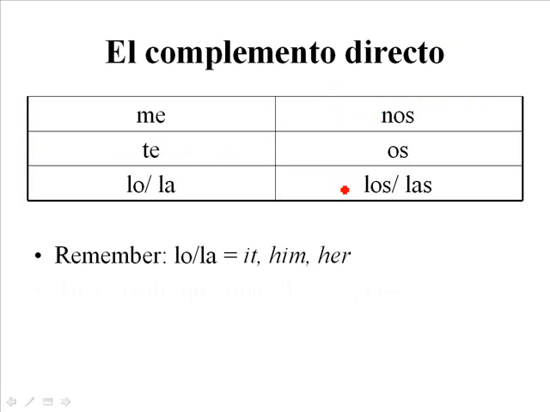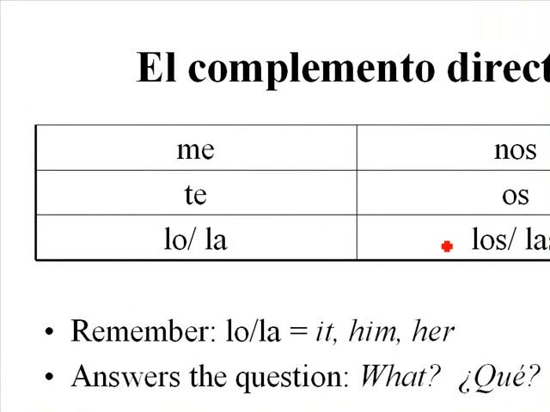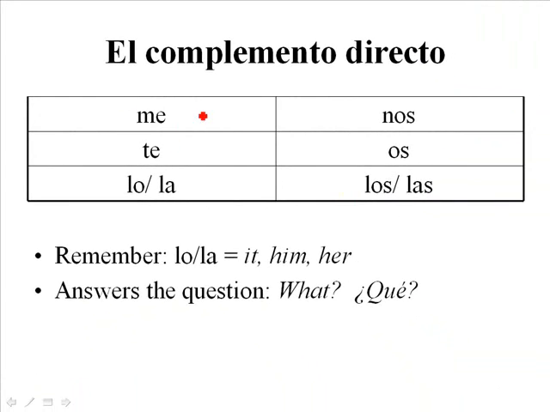Now, when we have a direct object noun, we can shorten it to a direct object pronoun. What is a pronoun? A pronoun stands in place of a noun to make it shorter. If I am the direct object, in English, the direct object pronoun is me. Bought a present for me.